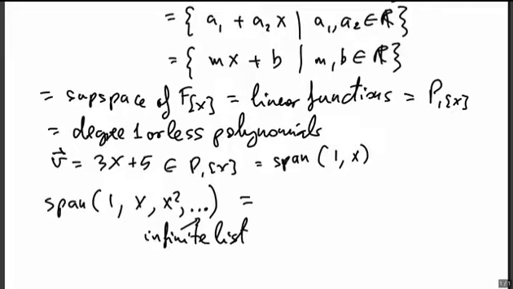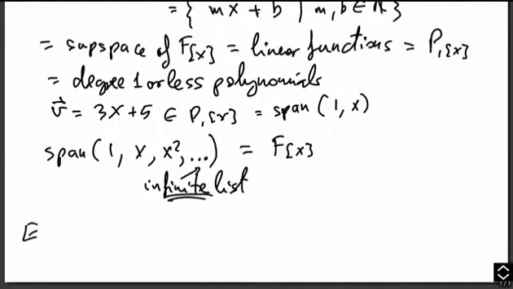Any power of x can come up here with any combination of multipliers. So actually this gives you the whole space. We will talk about it later, maybe in the future, but this is an infinite list already, and we don't work much with infinite lists.